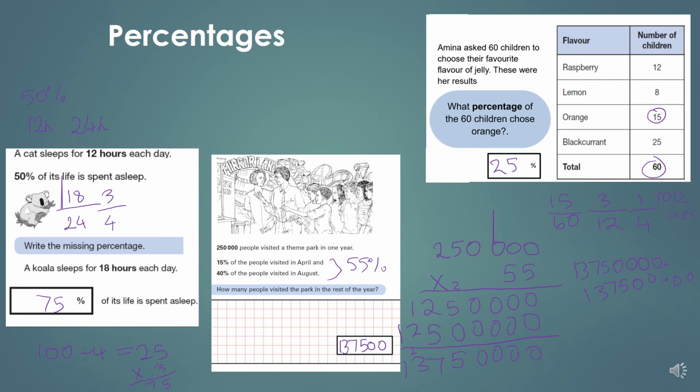So you could go an easier way around it, and you could have your 60 here and your 15 on top, and we tried to get it out of 100, so we'd have to times them both by 10 first of all, and that would be 150 over 600, and then we would have to get it to 100 because our percentage is out of 100, and if we divide 600 by 6 we get 100, and if we then divide 150 by 6 we get 25. So that would be your 25%.